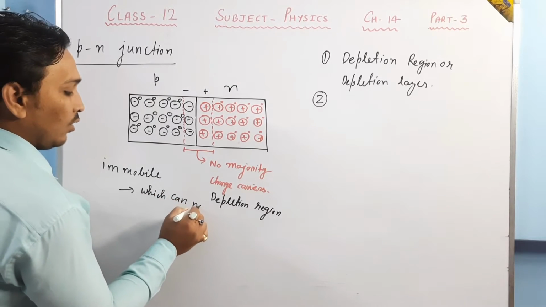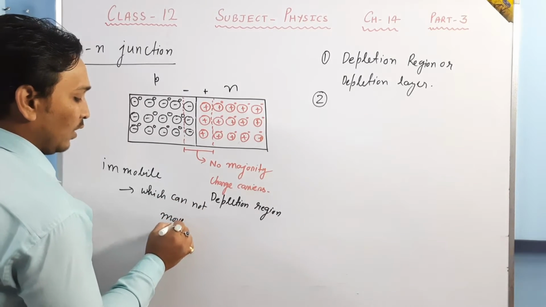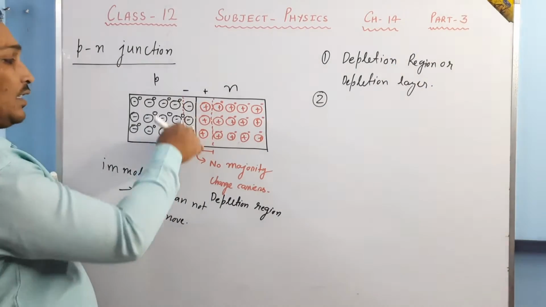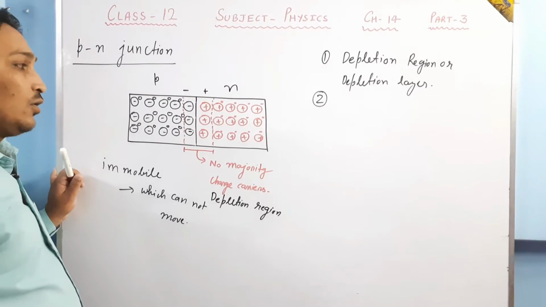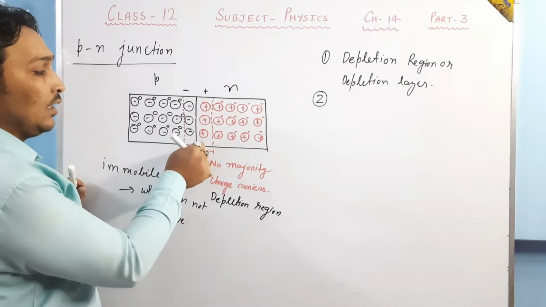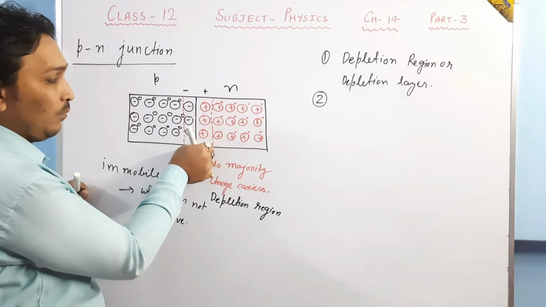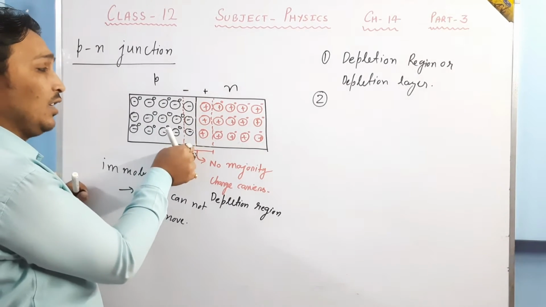These charges cannot move. So these are called immobile ions, and they make this side of the junction positive and this side negative.